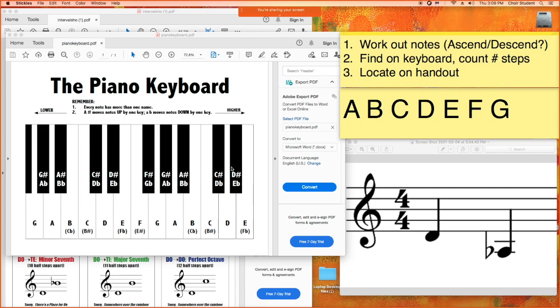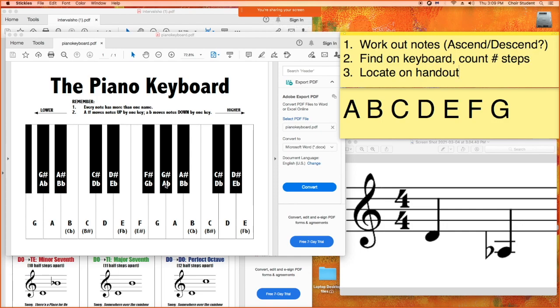Now I'm going down. 0, 1, 2, 3, 4, 5, 6 to get to A flat. I'll do that again. D is going to be ground 0. So D is 0, 1, 2, 3, 4, 5, 6 half steps.